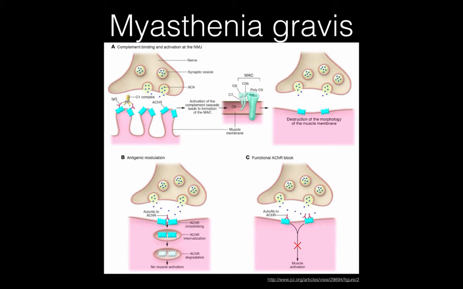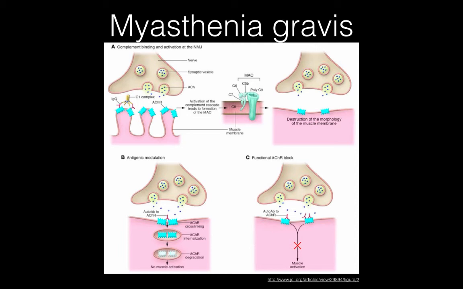In fact, if not treated, it can be fatal, mainly because of the issues related to breathing due to the fact that the muscles in your chest cannot contract properly. Moreover, there is a specific type of myasthenia gravis that affects the eyes, and this can lead on further to full myasthenia gravis. Myasthenia gravis is an autoimmune disorder.